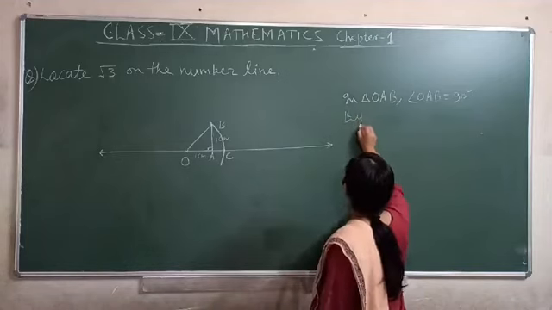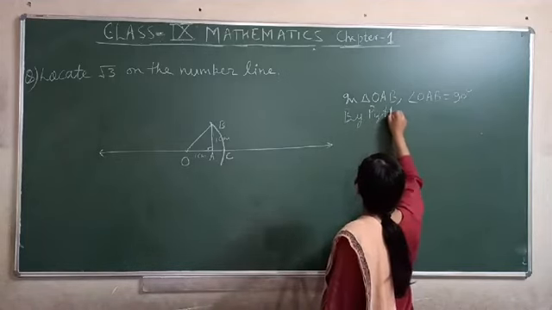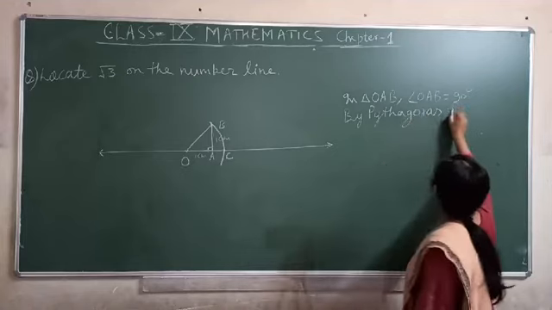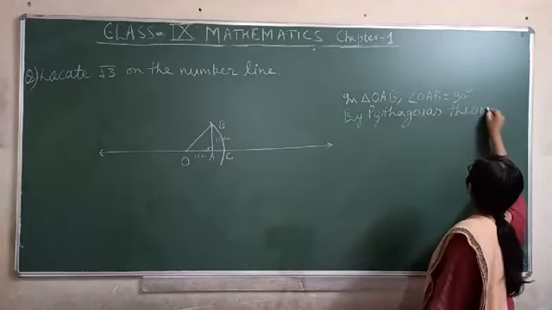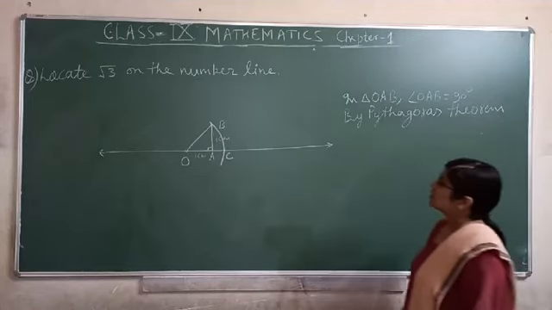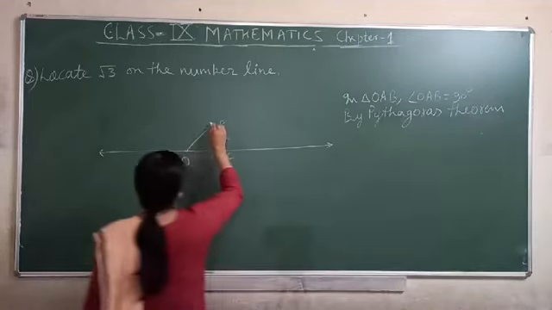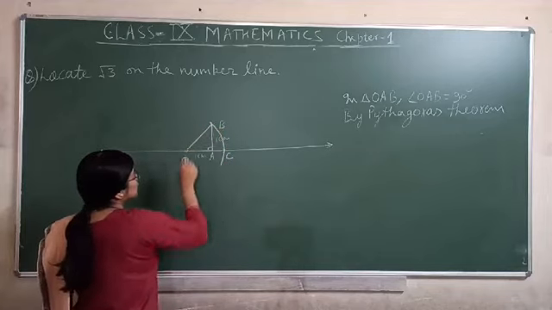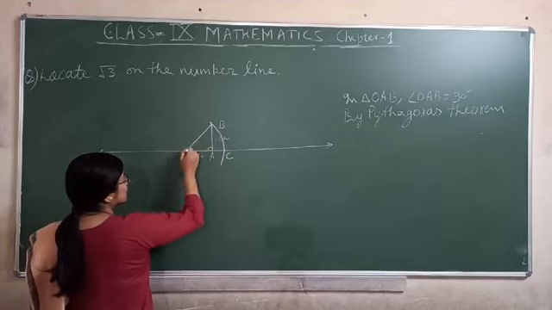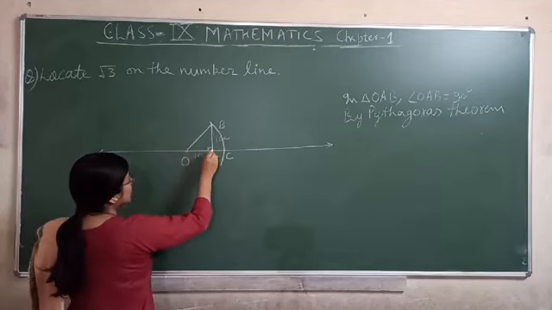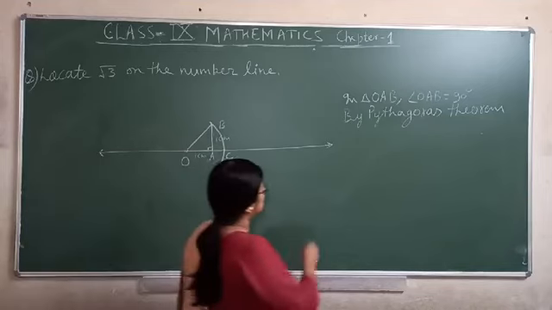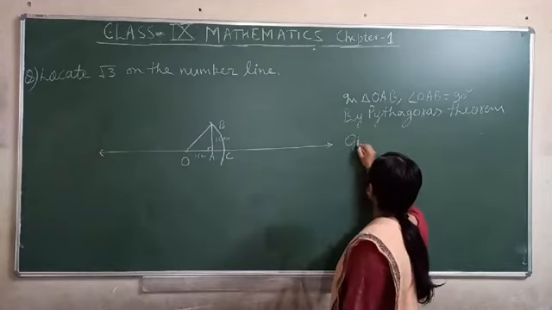What will we do? Square of hypotenuse. So what is your hypotenuse? The opposite side of 90 degrees. Here, if you stand at A, in the opposite you will see OB. That's the hypotenuse OB.